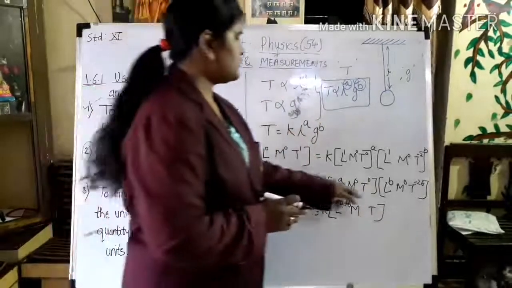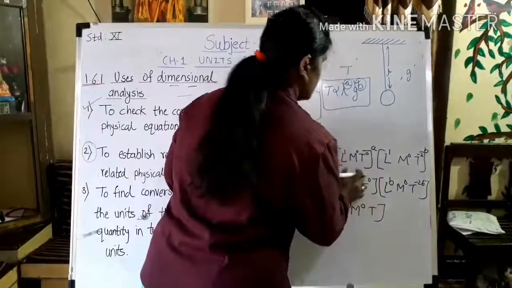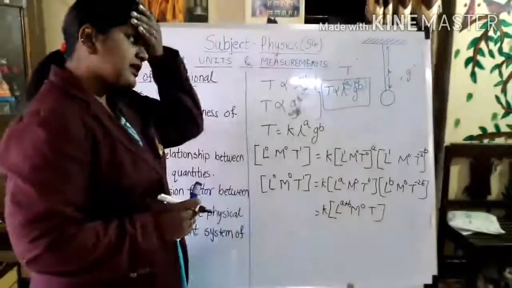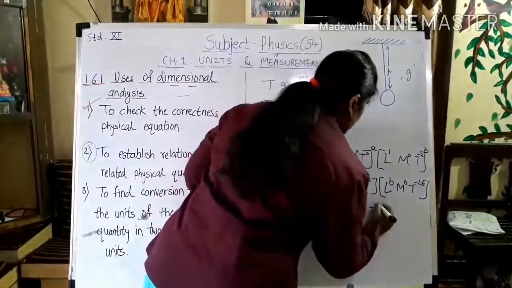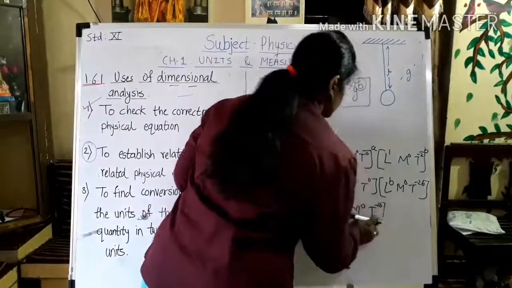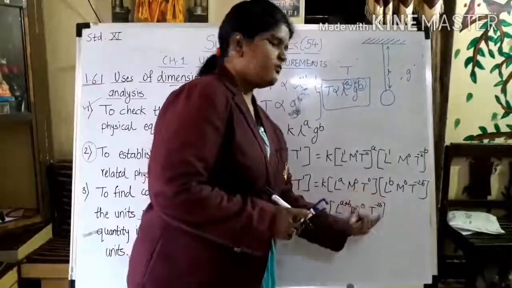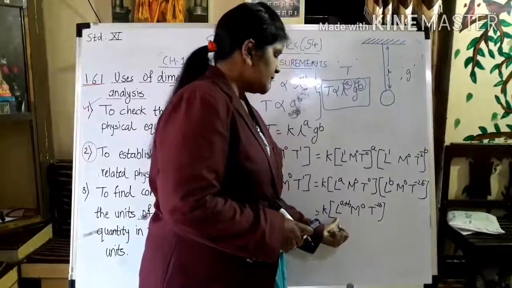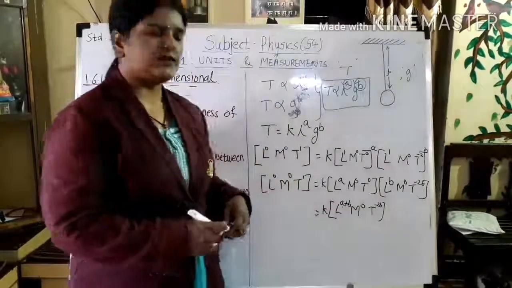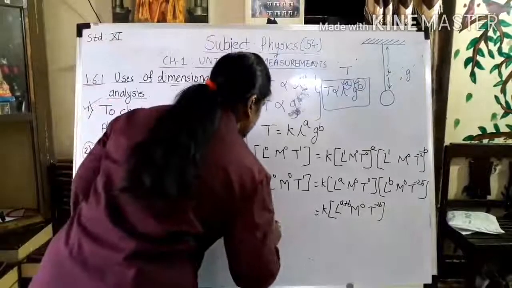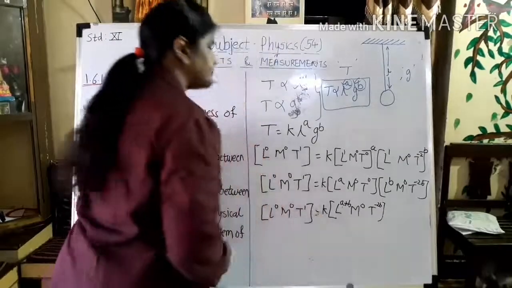M raised to 0 in both brackets, so it will be 0. T raised to 0 is there and in the second bracket it is T raised to -2b, so this becomes -2b. By multiplying both brackets, I get L raised to a plus b, M raised to 0, T raised to -2b. And on the LHS I have L0, M0, T1.